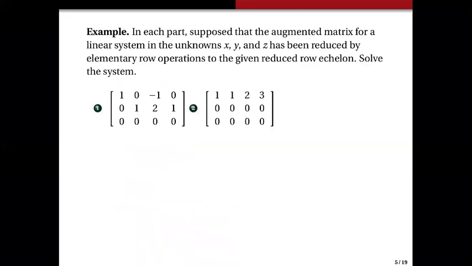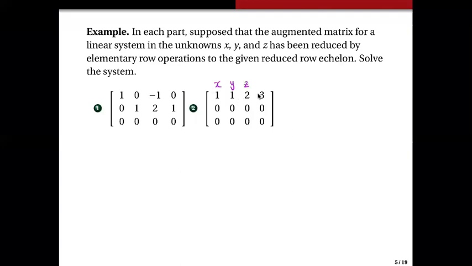Next problem here. Still, we have a linear system in the variables x, y, z. And the augmented matrix corresponding to that linear system was reduced to this. And of course, this is still the column for x, column for y, column for z. Take note, this is in reduced row echelon form because the second row and the third row are zero rows, so they are grouped at the bottom.